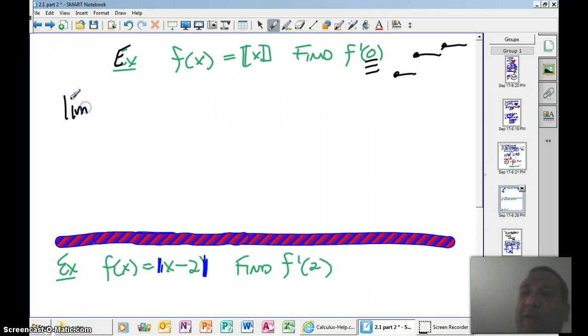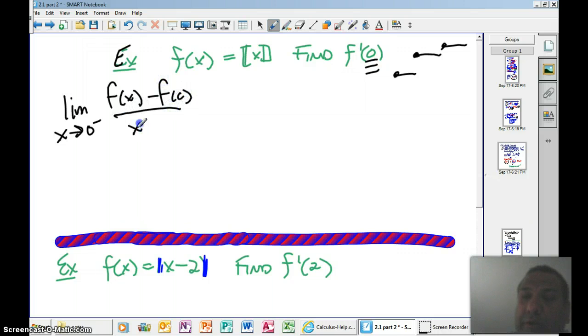So I'm going to check the limit as x approaches 0 from the left of the function minus the function at c, all over x minus c.